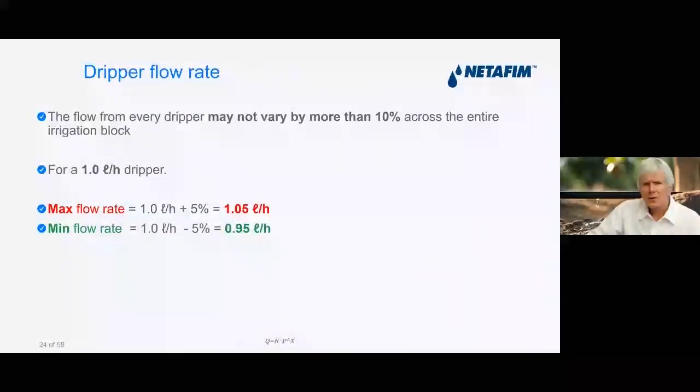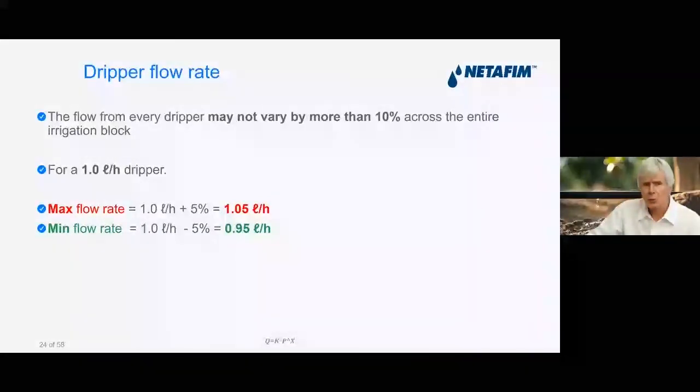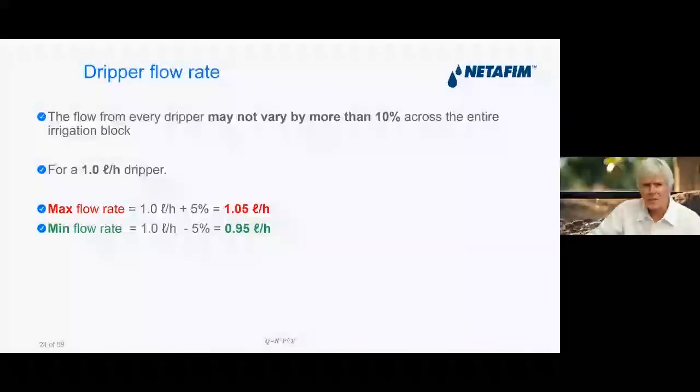The flow rate for every dripper may not vary by more than 10% across the entire irrigation block. So if we take a 1 litre an hour dripper, it can't vary by more than 10%. So that means we can go up 5%, down 5%. So if we take 1 litre an hour, you add 5%, you get 1.05 litres an hour. And if we get a 1 litre an hour minus 5%, then we get 0.95 litres an hour.